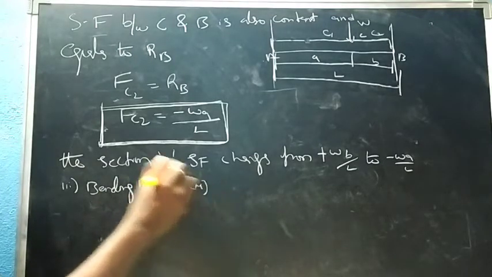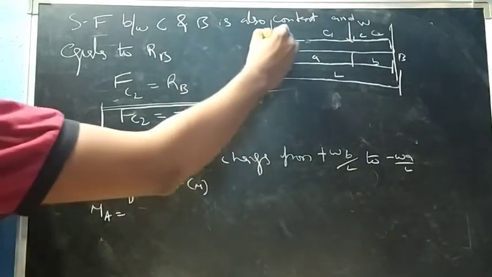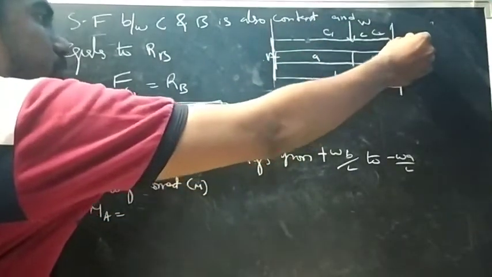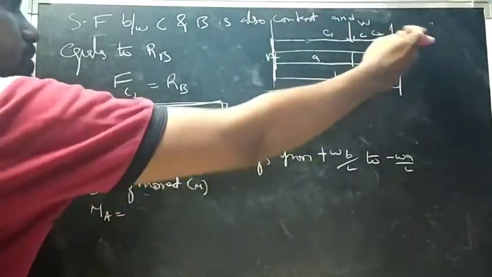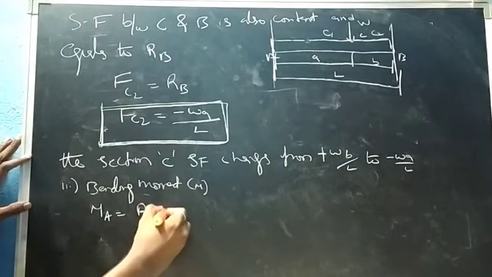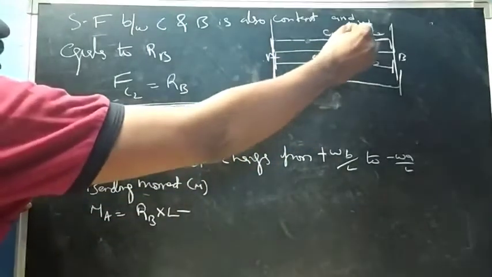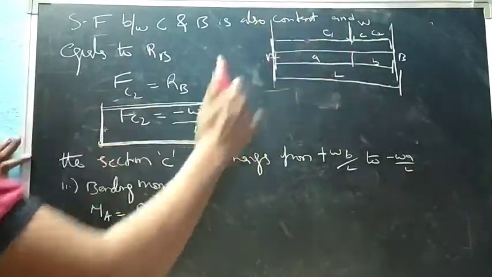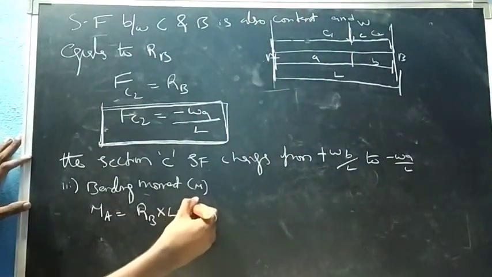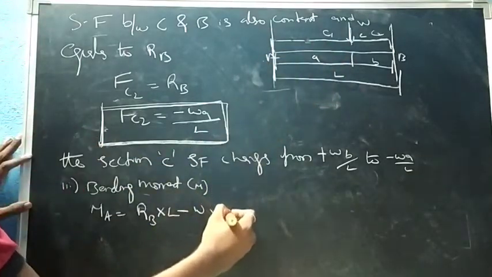That is M, right? We will take moment at A here, come all the way from right to left, whatever in between. So RB multiplied by total length L minus, this will make hogging, so it is minus W into the length is small a.